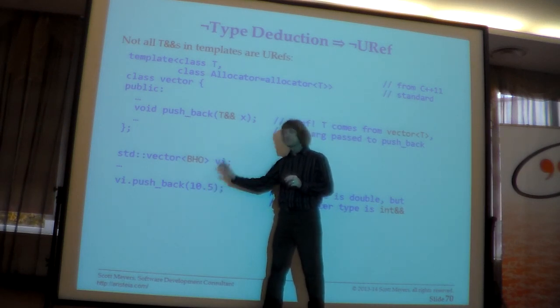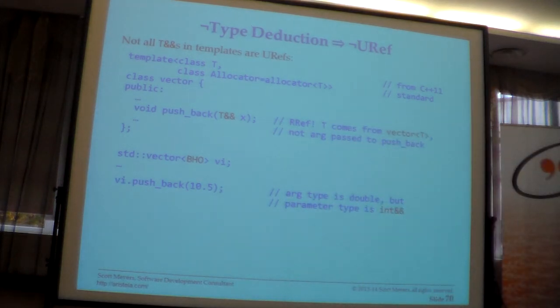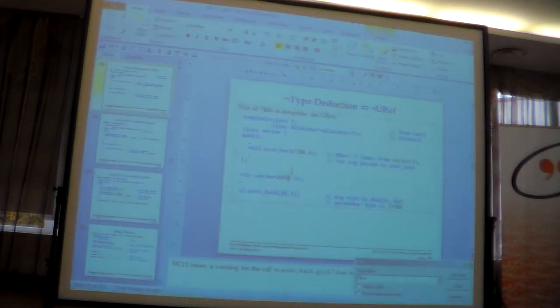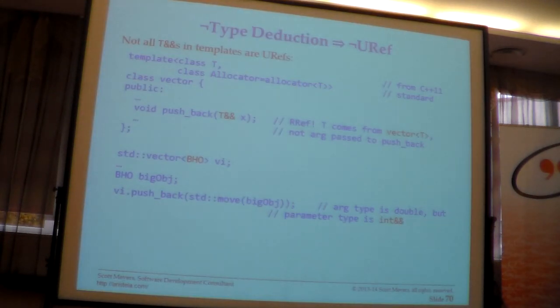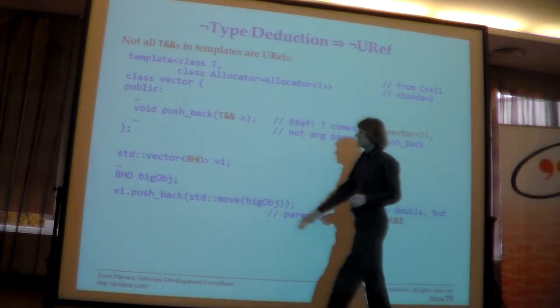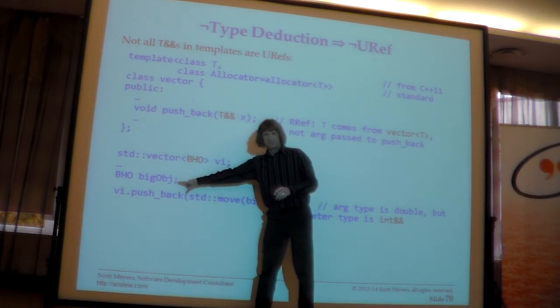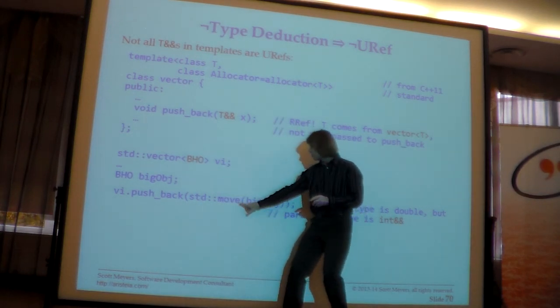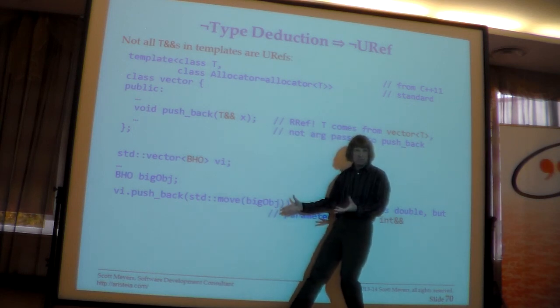Let me be a little bit clearer here. In this case, I have a big honkin' object, and then I do a move of the big honkin' object. That just turns it into an rvalue.